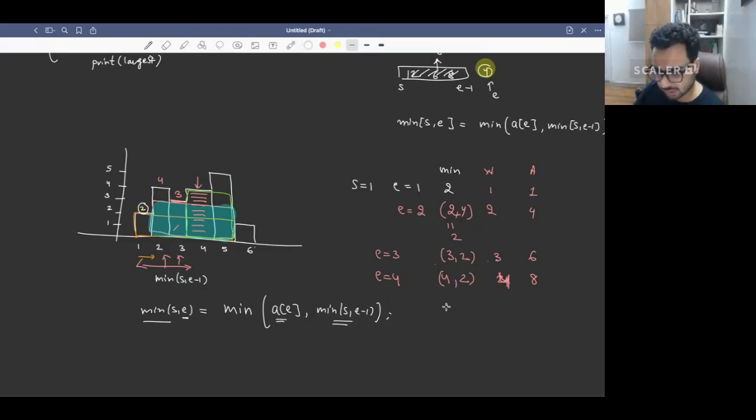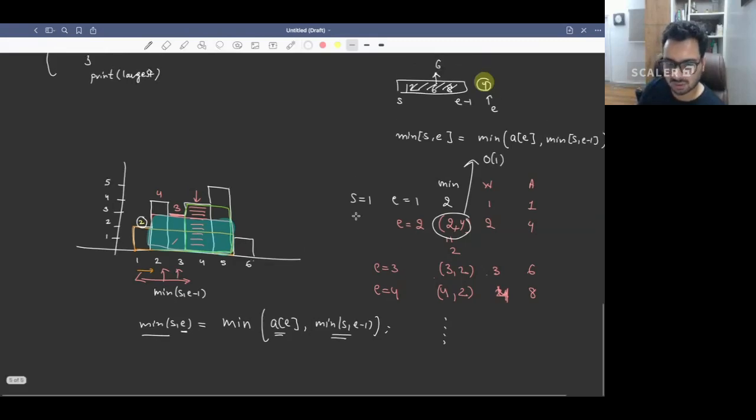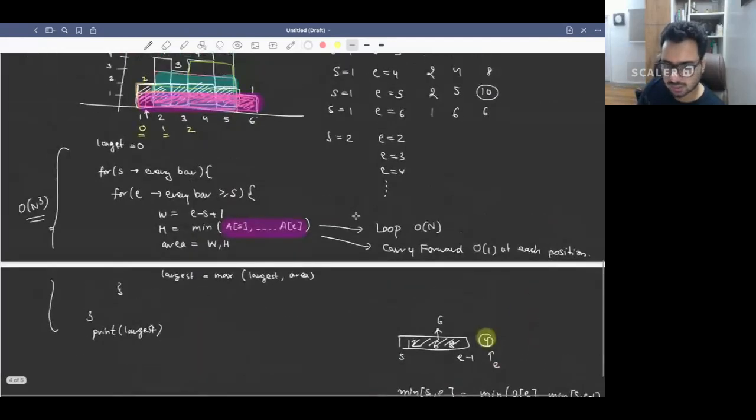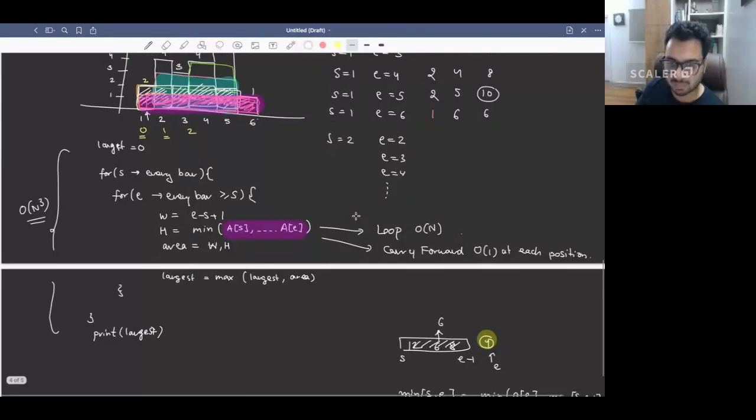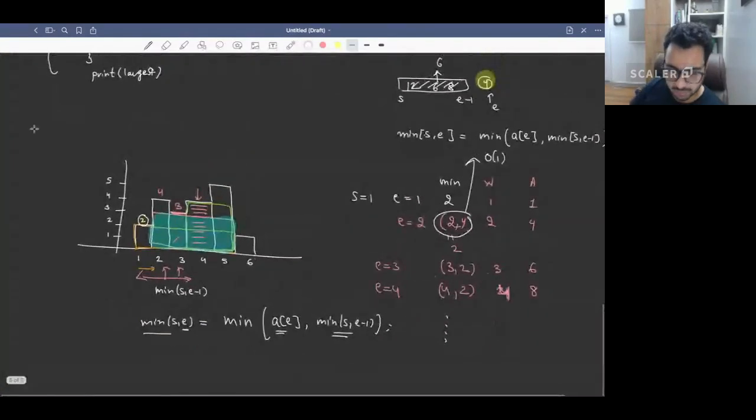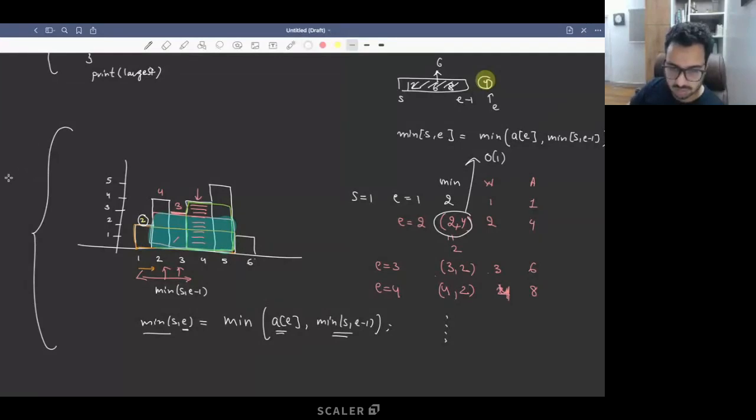So doing this way, you can find the minimum in O1 time. And if you do this change in the code, you will get the overall complexity to be order of n square, using carry forward technique to find the minima.